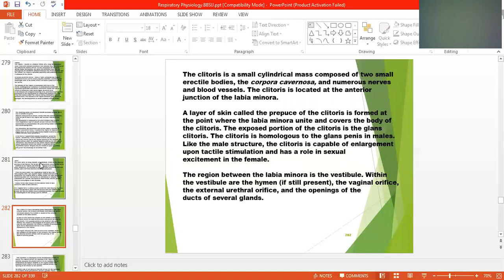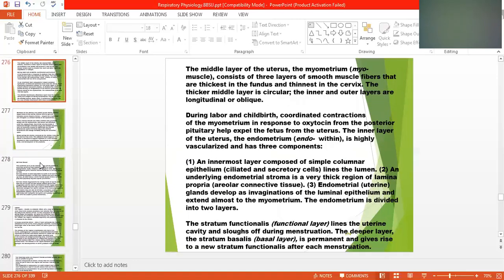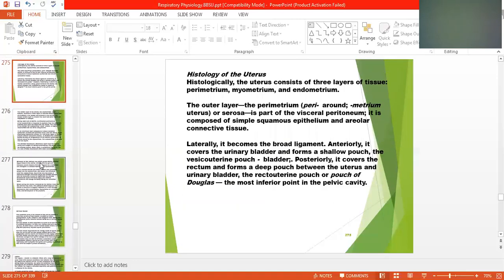The region between the labia minora is the vestibule. Within the vestibule are the hymen, if still present, the vaginal orifice, the external urethral orifice, and the openings of the ducts of several glands. So up till now we have seen the uterus, vulva, vagina, cervix, and histology of the uterus.